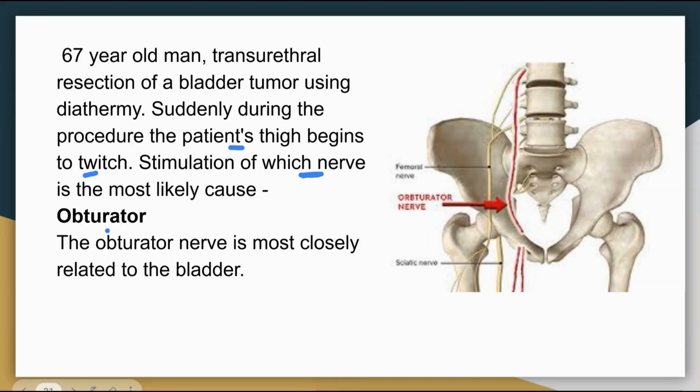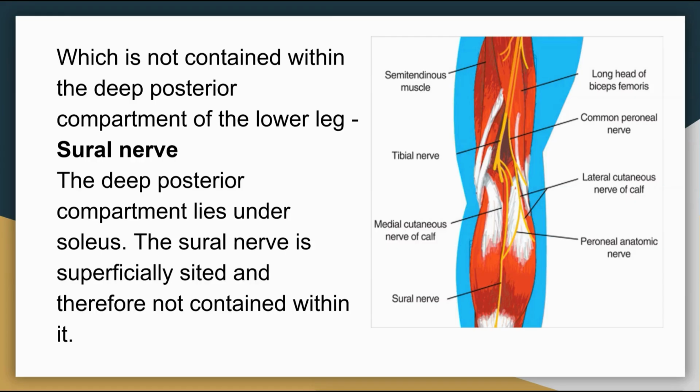That is going to be the obturator nerve. Obturator nerve is most closely related to the bladder, and during the use of diathermy, it is likely to get stimulated, and as a result the patient is going to experience a twitch, or a kick-like movement of the patient's leg.